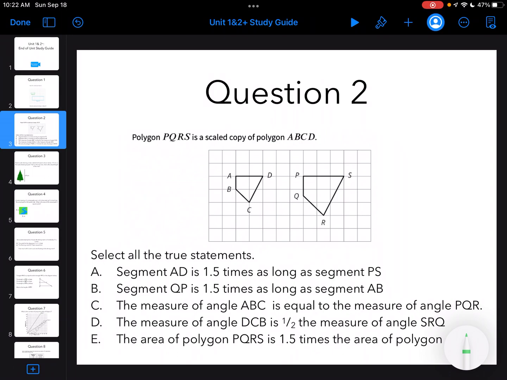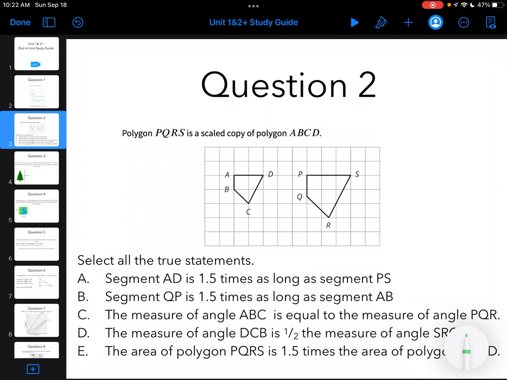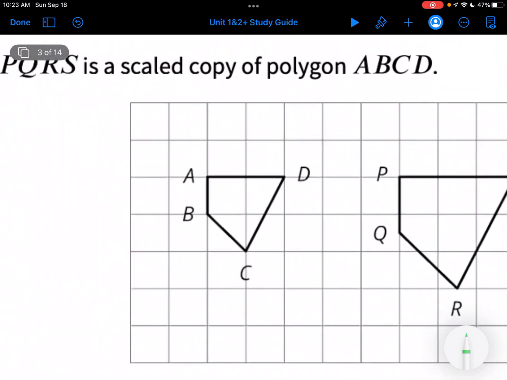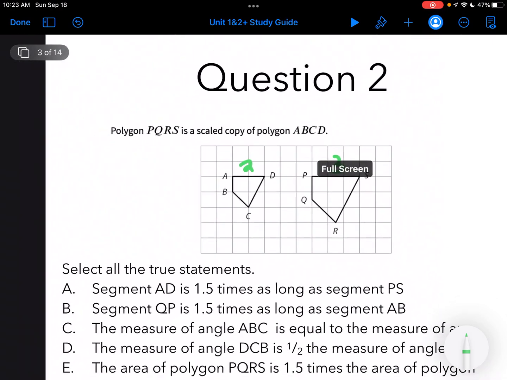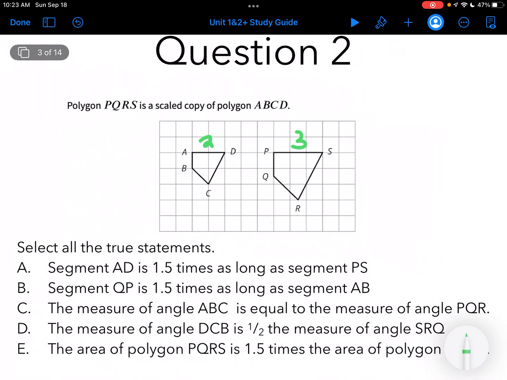Question 2, polygon PQRS is a scale copy of ABCD. Select all the true statements. Segment AD is 1.5 times as long as PS. So this is 2 and this is 3.